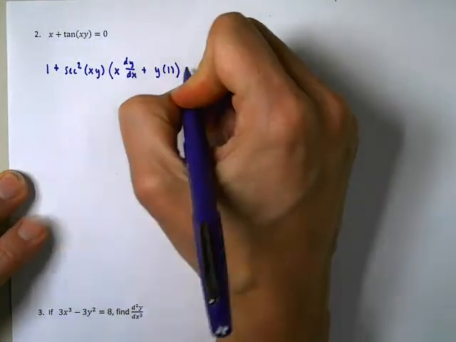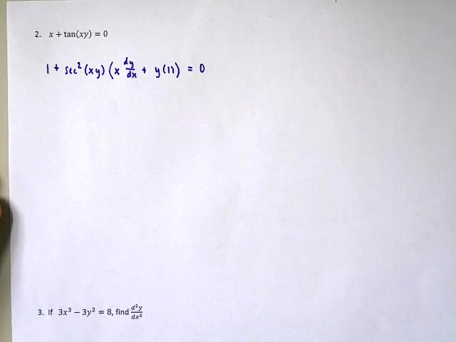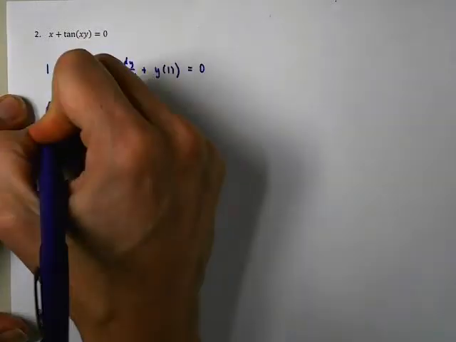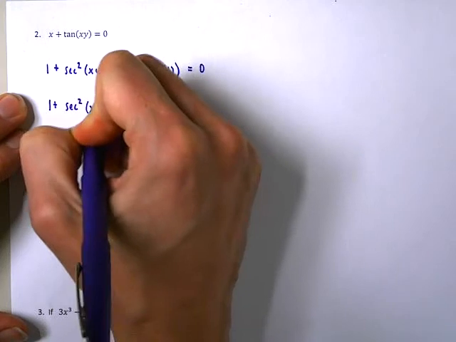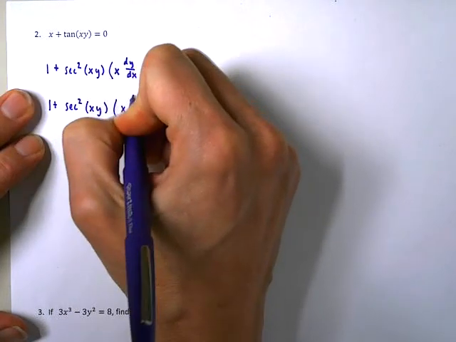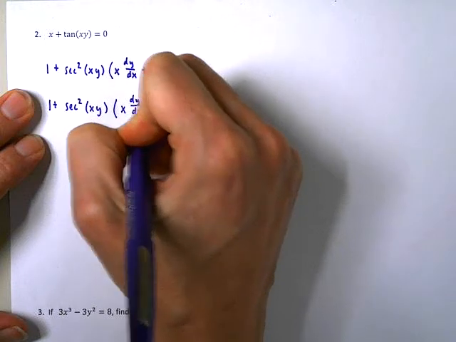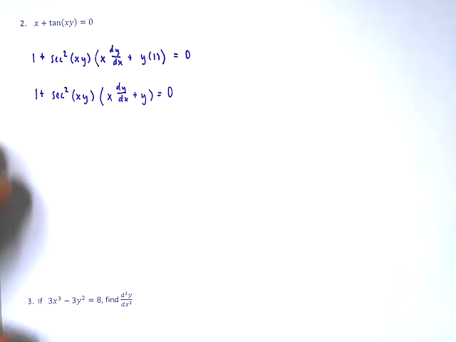And now that's equal to 0. So I can simplify a little bit. I have 1 plus secant squared of xy times x dy/dx plus y is equal to 0.